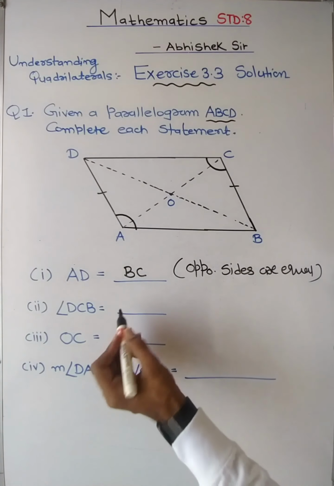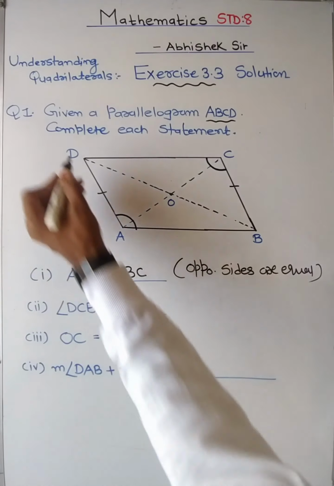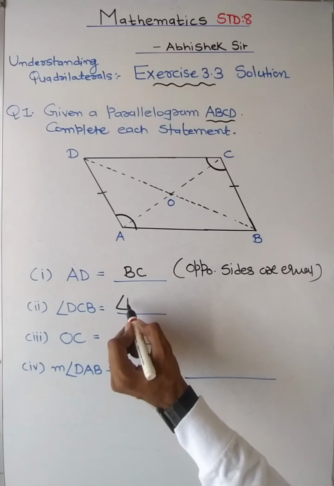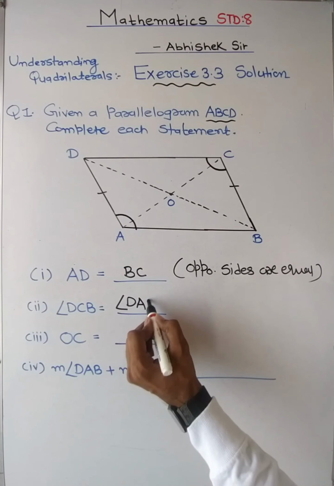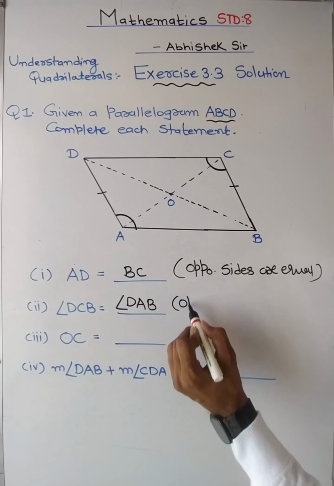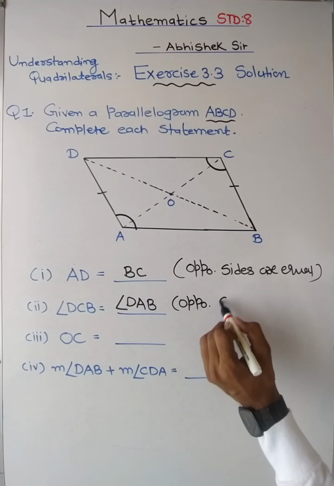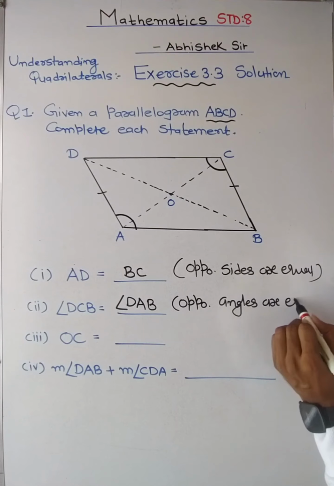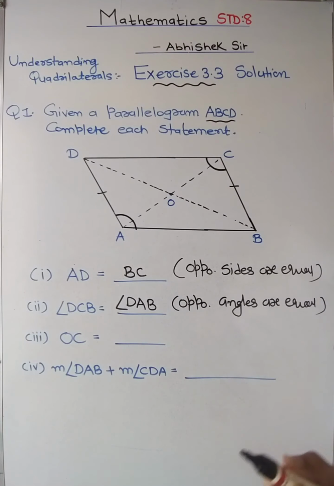Clear? So let us start with D, and then let us name this angle as DAB. Okay, DAB. Why? Because in a parallelogram, opposite angles are also equal. Clear?